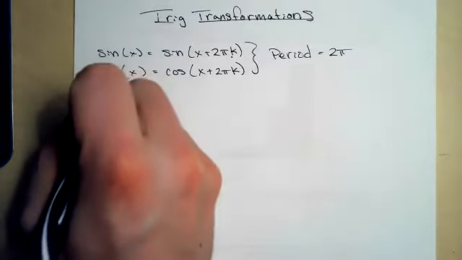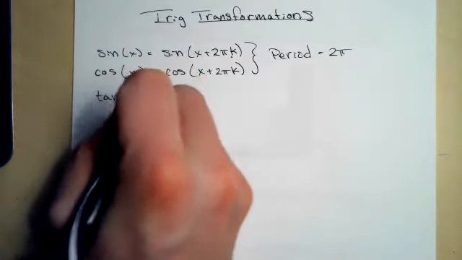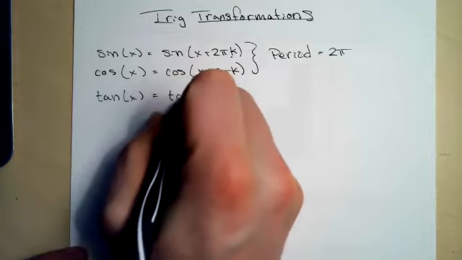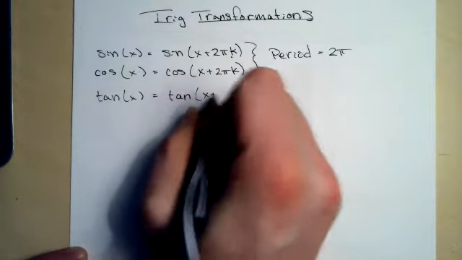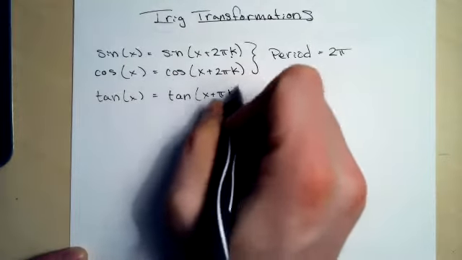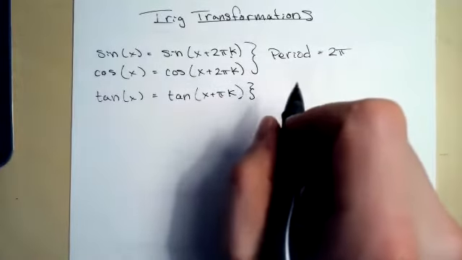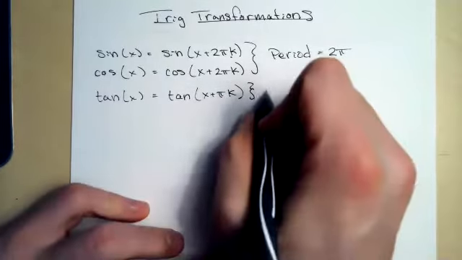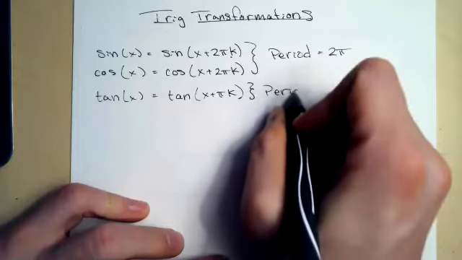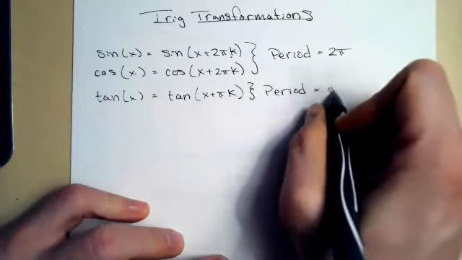Tangent, on the other hand, because it is the same in the first and third quadrants, as well as the second and fourth, is going to have half the period. The period is going to be pi.